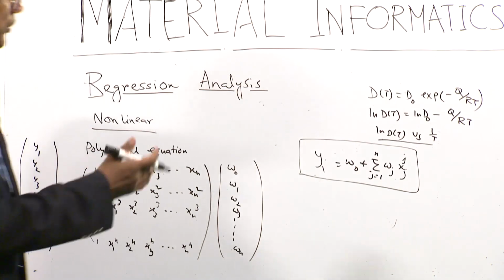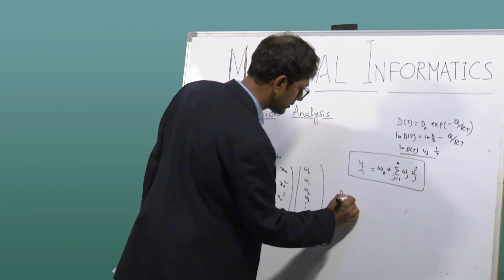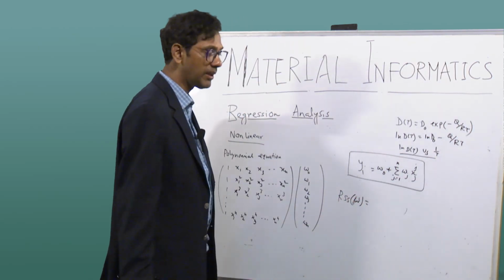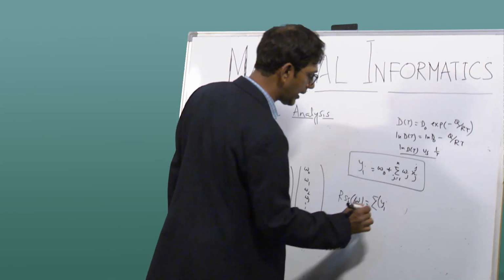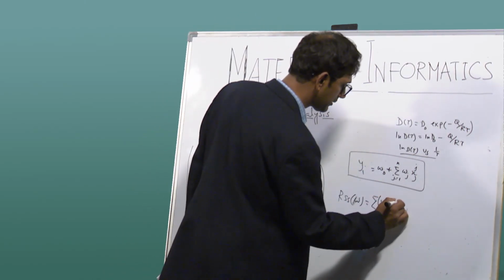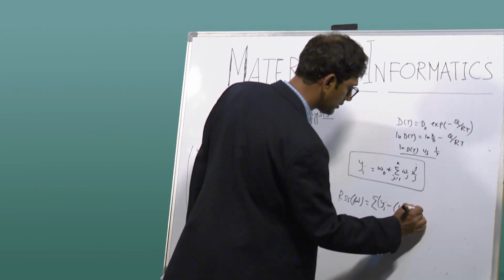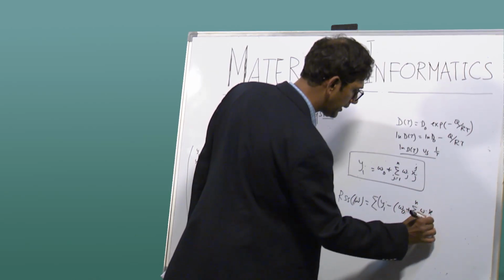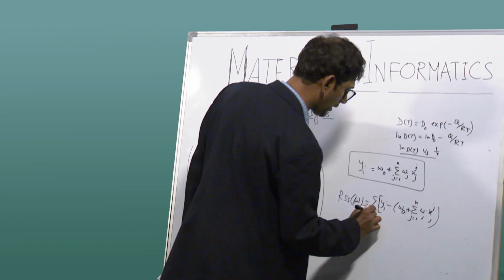So now you can use the residual sum of squares, RSS(W). This is nothing but the summation over i of yi minus W0 plus the sum over j from 1 to n of Wj xj to the power j, all squared.